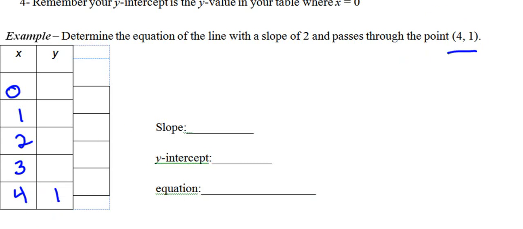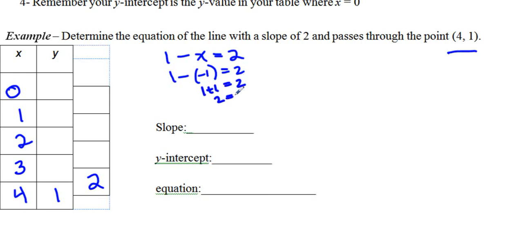Now I've got a slope of 2, so what that means is 1 minus something is going to give me that rate of change or slope of 2. So I could think about that. 1 minus I don't know what equals 2. Well, 1 minus negative 1 is going to equal 2 because 1 minus negative 1 is 1 plus 1.